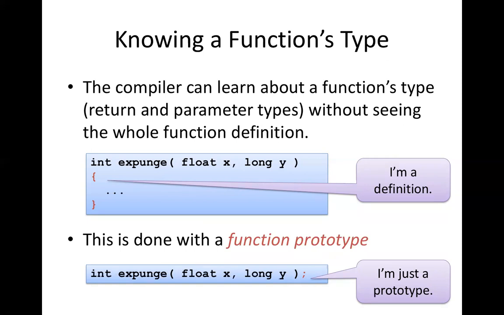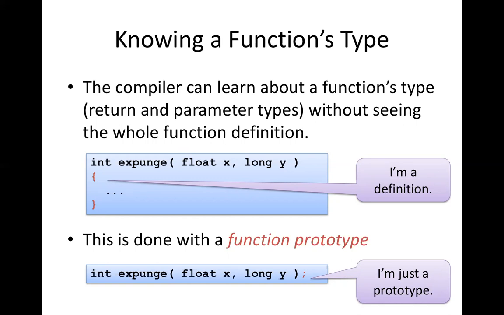Or you can use what we call a function prototype. A prototype says what the parameters and return type of the function look like without giving a definition of the function. A definition of a function looks like this. It's got a body inside curly brackets, and this is what you've been writing all along.